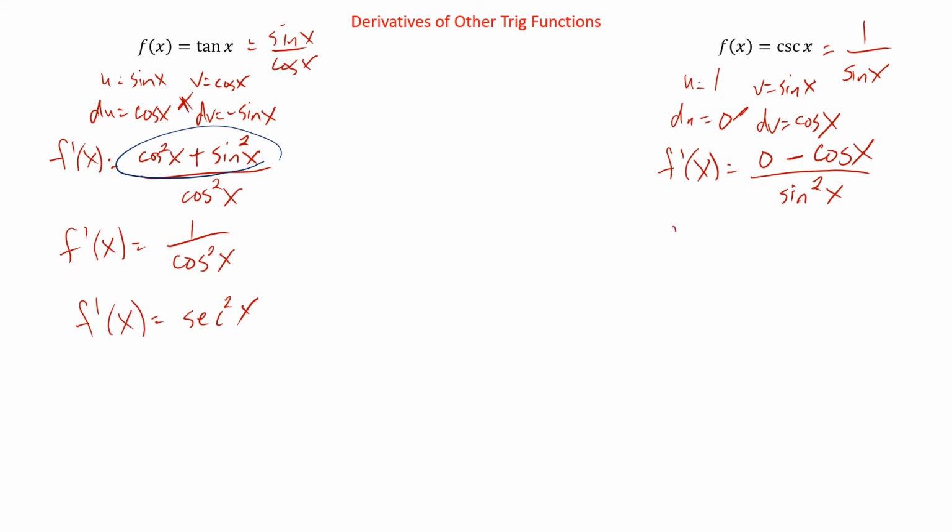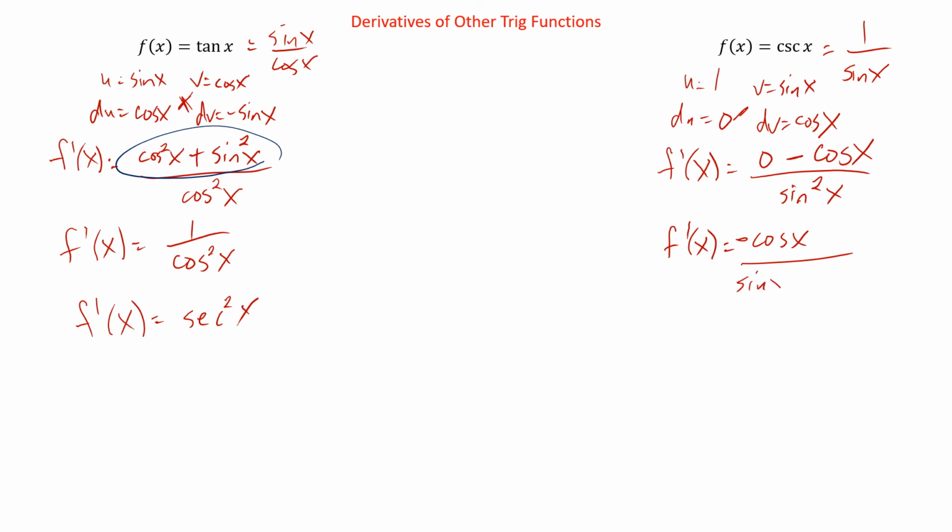So we can simplify this a little bit to be negative cosine x, and that's where that negative comes from, by the way. It's that minus in the quotient rule. So negative cosine x over, instead of writing sine squared, I'm going to split that up.